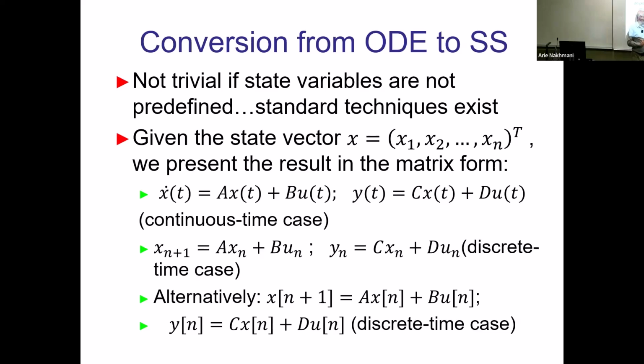And y[n], same thing, C times x plus D times u. Sometimes people write that index with just rectangular parentheses, like brackets, okay? Same thing. So you'll have textbooks which are using a subscript index, and some are using rectangular brackets for the same thing, okay?